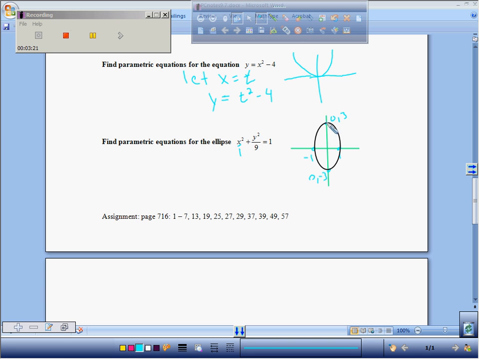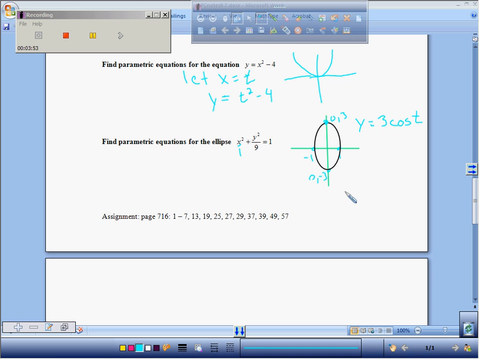So if I want to start here at 0, 3, I want y to be what when I start? 3. And one way I could do that is by letting y be 3 times the cosine of t.